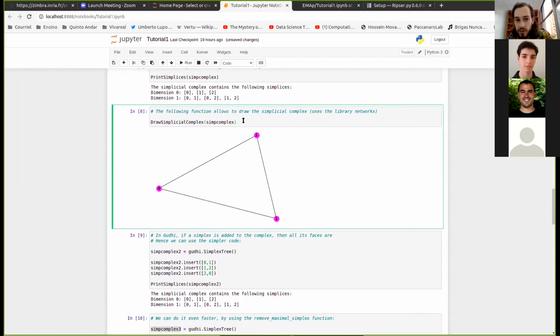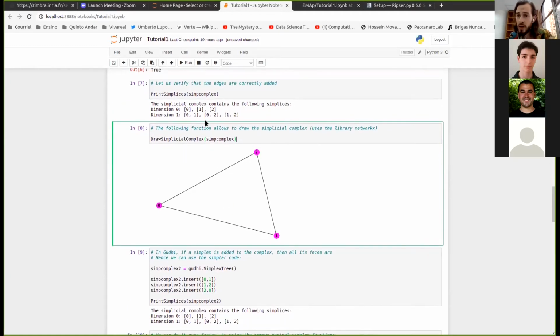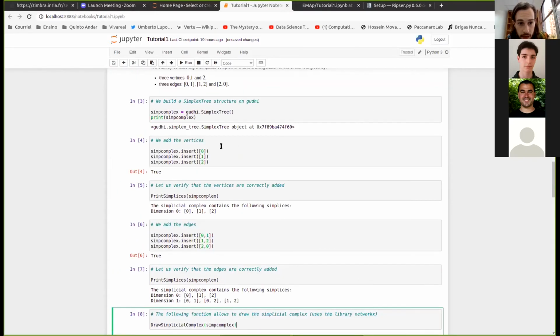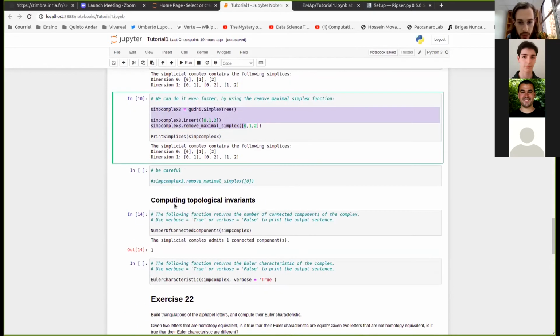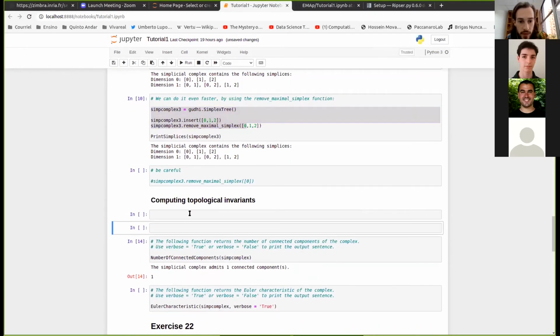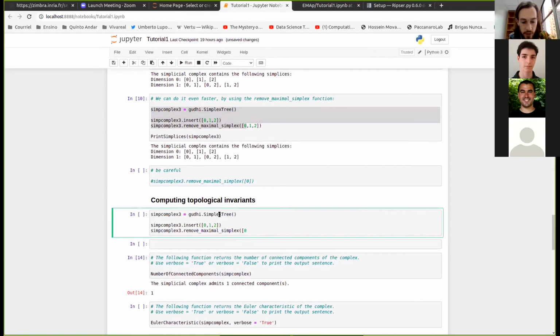So this simplicial complex here only has dimension 1, so there is no triangle. If you had a simplicial complex of larger dimension, for instance, I could consider this one, a simplicial complex of dimension 2.